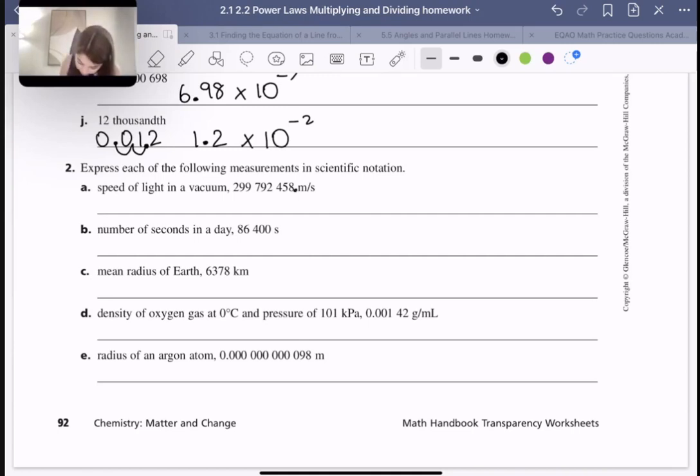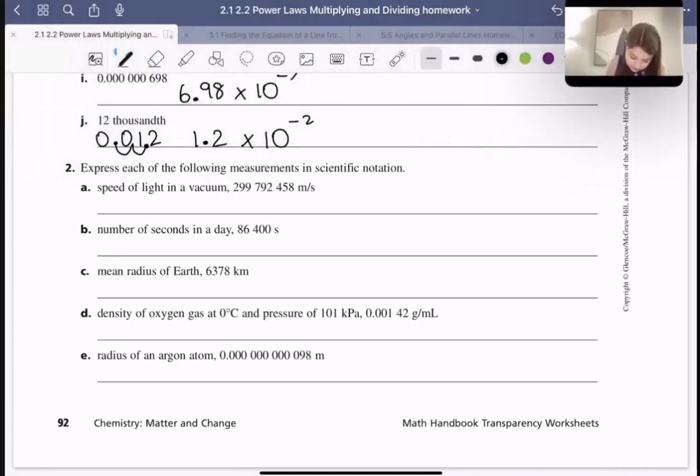So we would start here and we'd go 1, 2, 3, 4, 5, 6, 7, 8 over, right? Oh, somehow we got a shape there. Didn't mean to get a shape. But anyway, the point still stands that we'd have to move the decimal point over to the left, so it would be 2.99792458 times 10 to the power of 7, not negative 7.